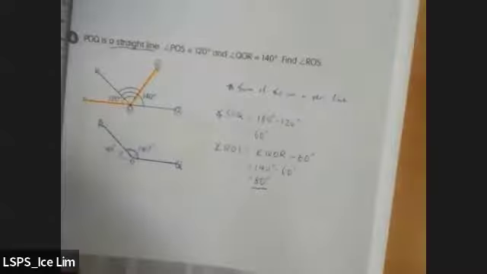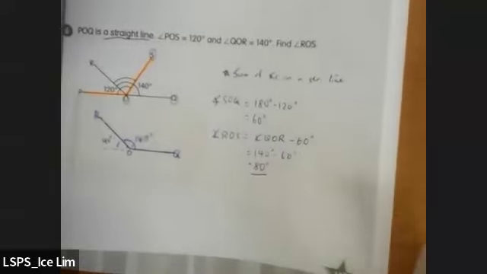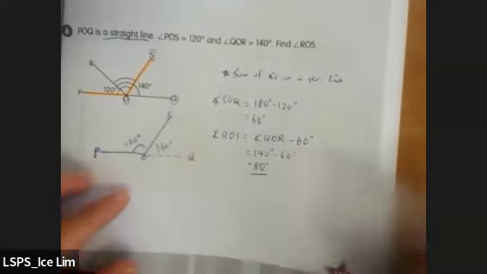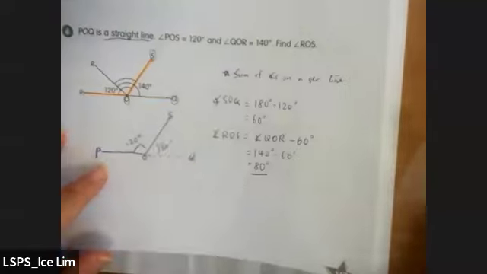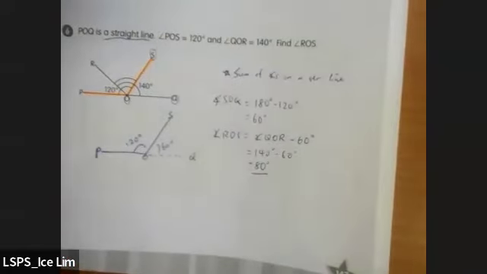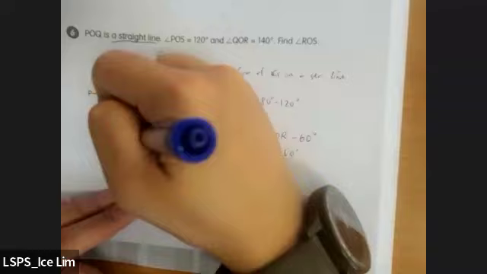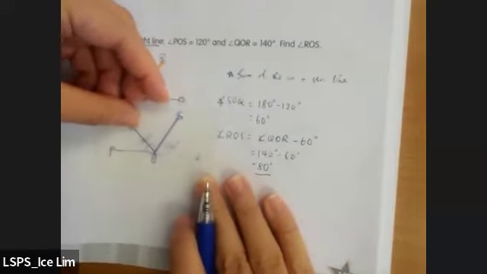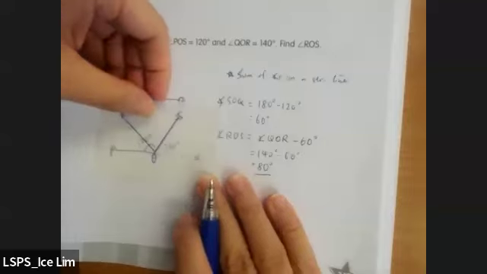Now the other method. I use this side and I chop away part of it to give me the ROS. Check alternative method 2 and see whether it's the same answer.